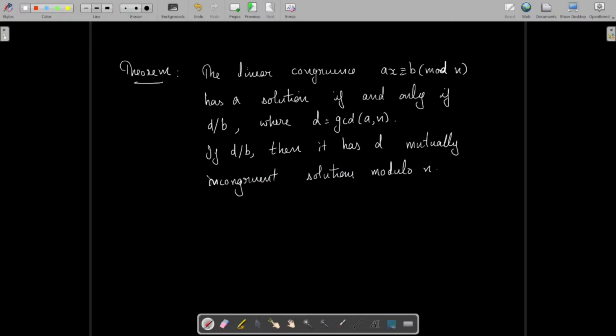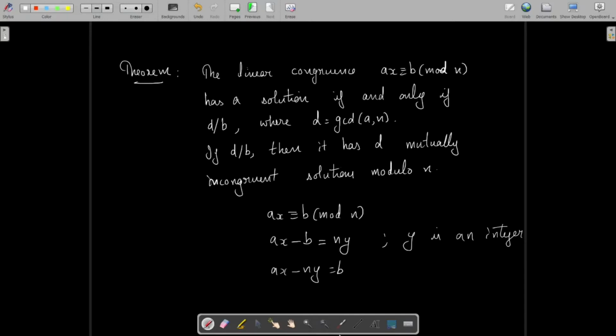So here we have to solve the linear congruence ax ≡ b mod n. This congruence means that ax minus b is a multiple of n. So let us write ax minus b equal to n times y, where y is an integer. That is, the equation is ax minus ny equal to b.